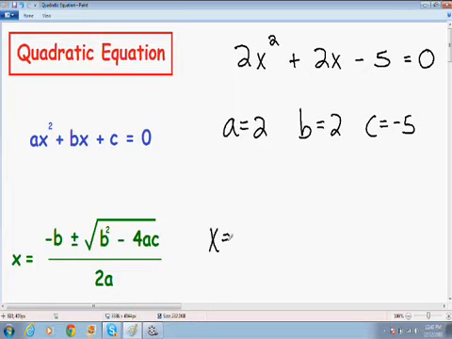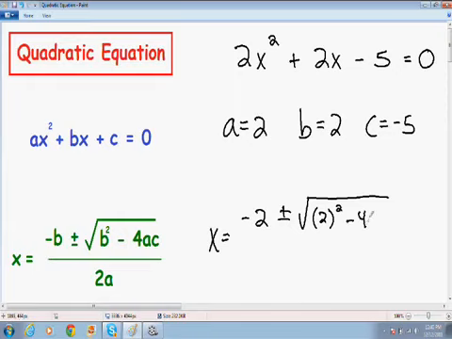So we have x equal to negative b. Our b is 2, so negative b is negative 2, plus or minus the square root of b squared, which is 2 squared, minus 4 times a, which is 2, multiplied by c, which is negative 5.